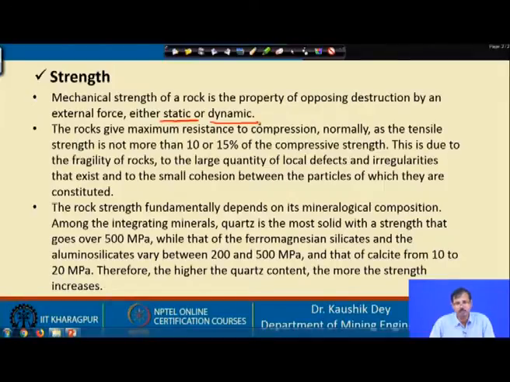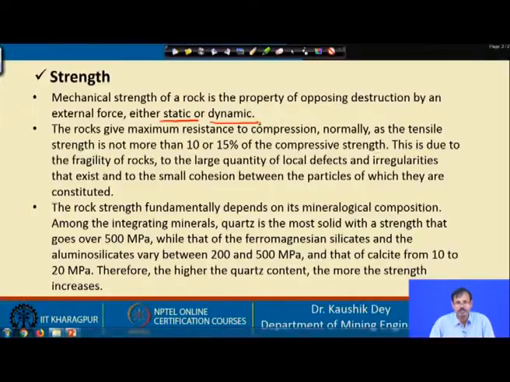It may be in compression, shear or tension, and we will discuss how these can be distinguished. But at this point let us know that rock gives maximum resistance to compression and least resistance in tension.